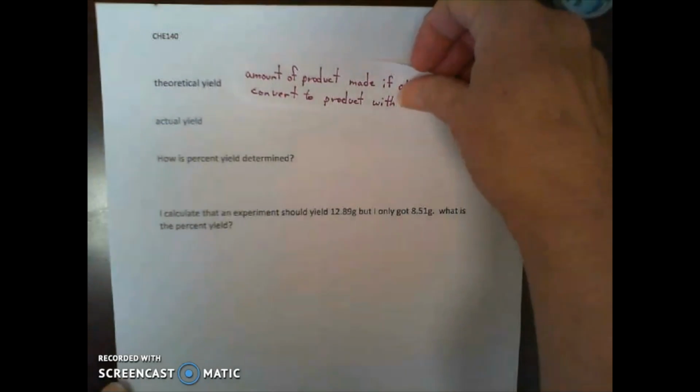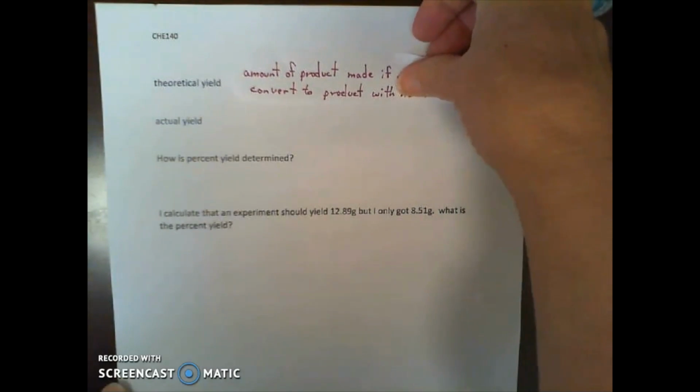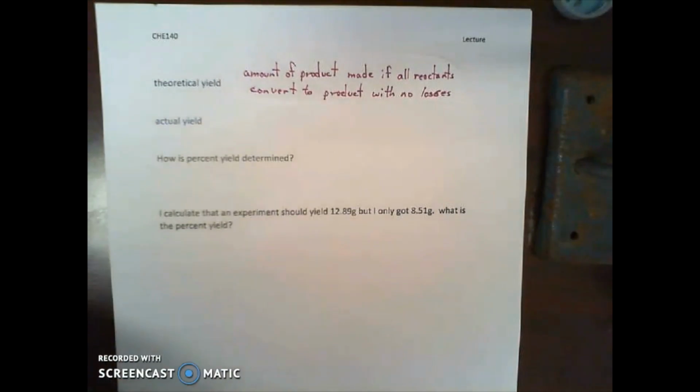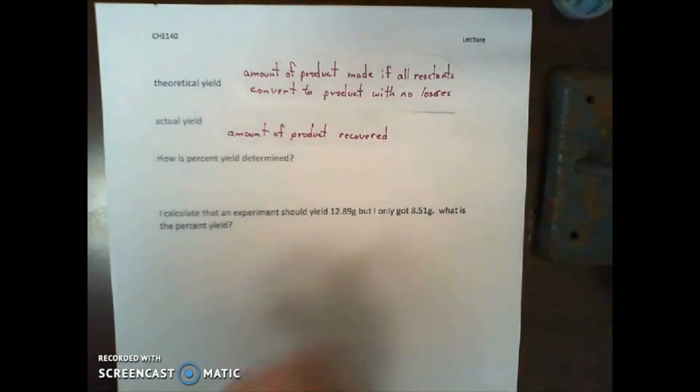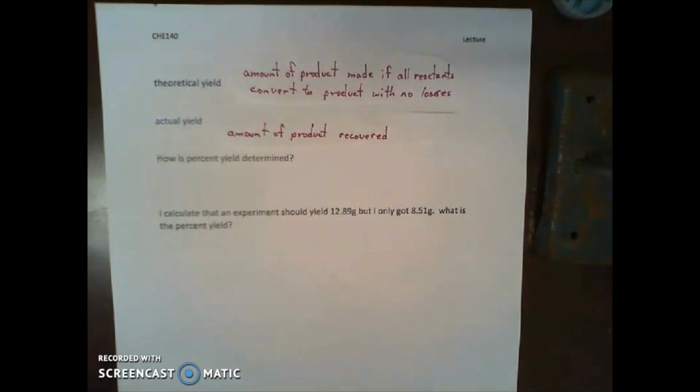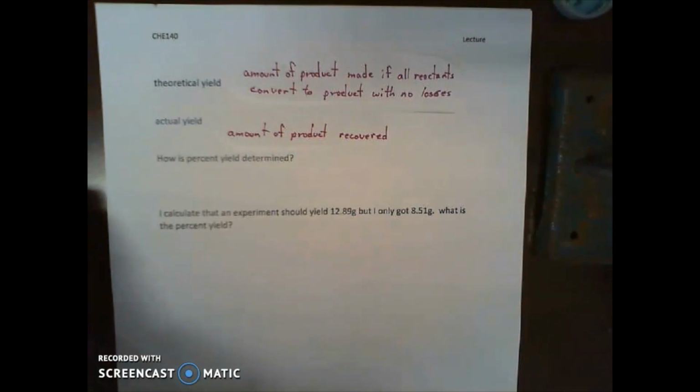The actual yield is the amount of product that is actually recovered. It's always going to be less than the theoretical yield because some loss is unavoidable.